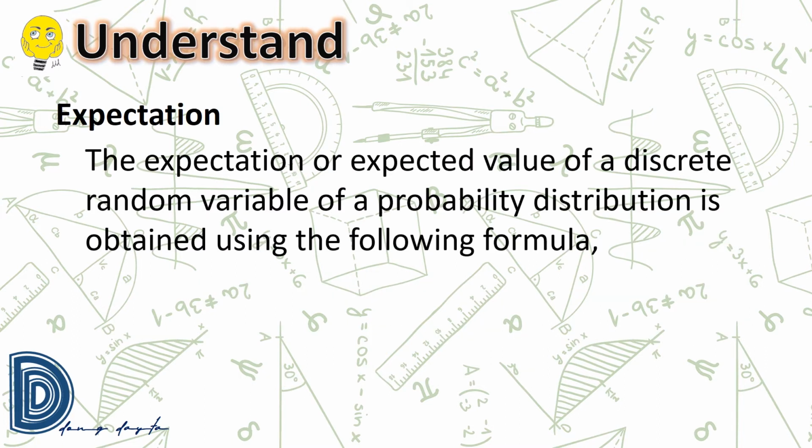The expectation or expected value of a discrete random variable of a probability distribution is obtained using the following formula. E of x is equal to the summation of the product x times p of x. Hence, the expectation or the expected value uses the same formula as the mean of a discrete random variable with probability distribution.